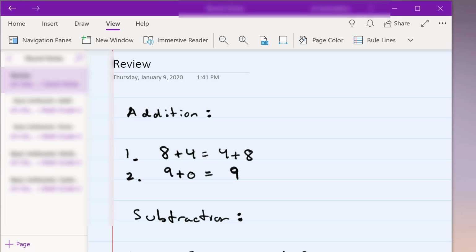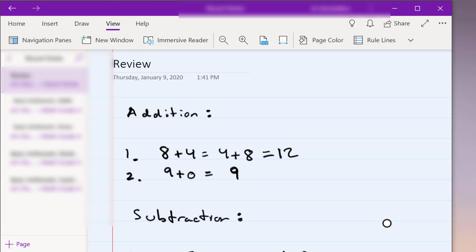So first, addition. We learned that 8 plus 4 is the same as 4 plus 8, which is just 12. And second, adding 0 to a number is just that number, so 9 plus 0 is 9.